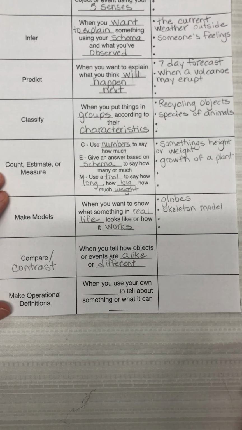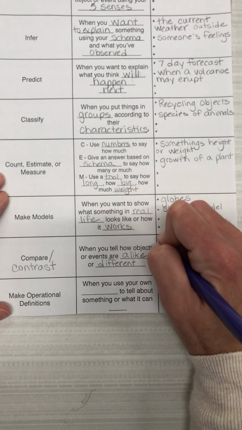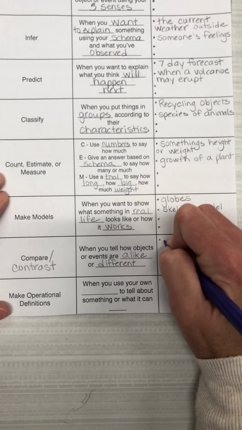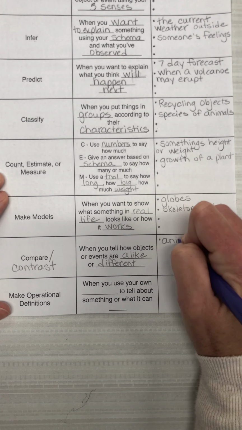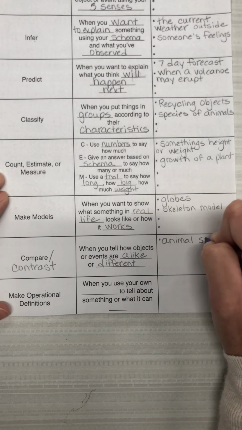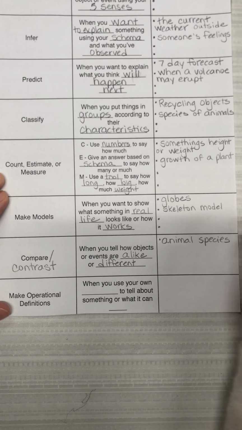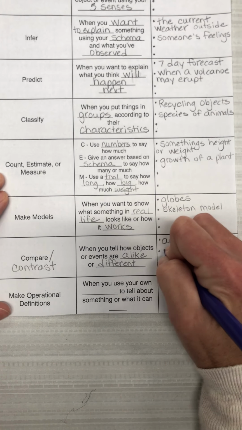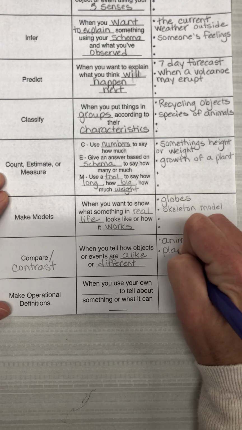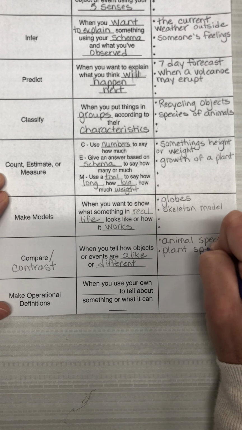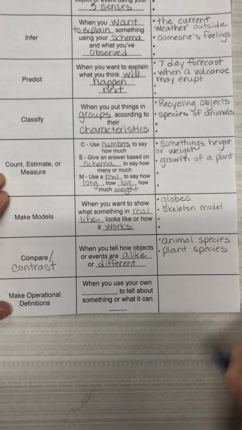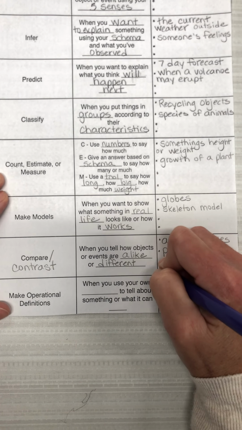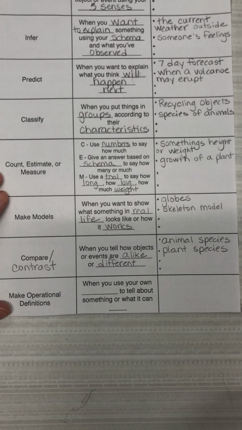What are some things scientists might compare and contrast? I'm thinking they might compare and contrast some animal species. Or how about plant species? You think of two more things that scientists in the world might compare or contrast.